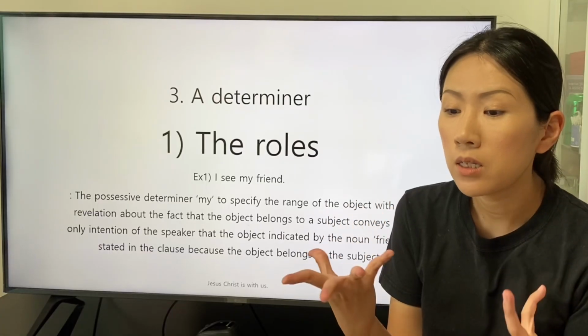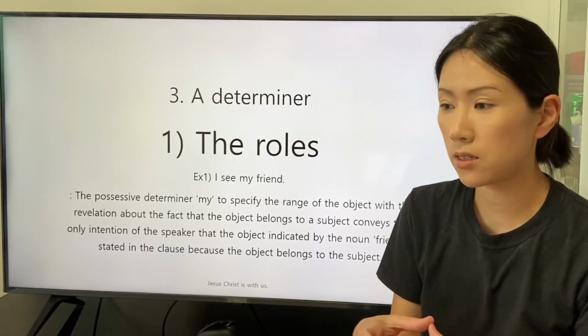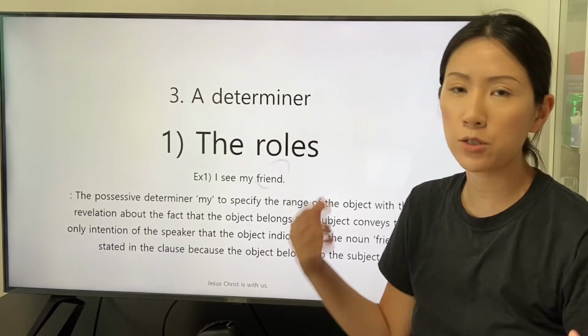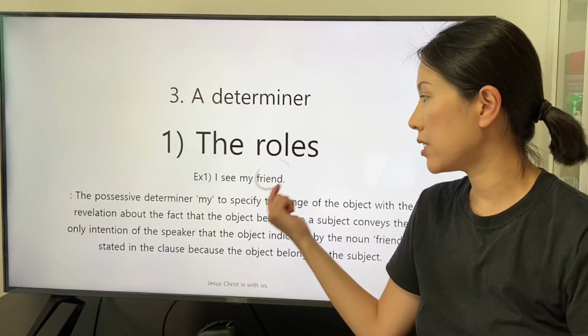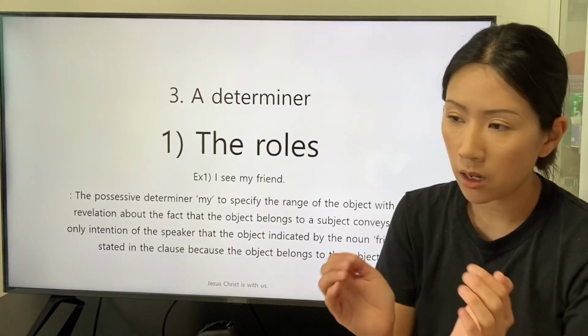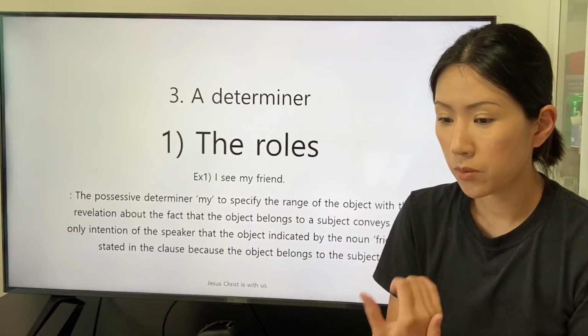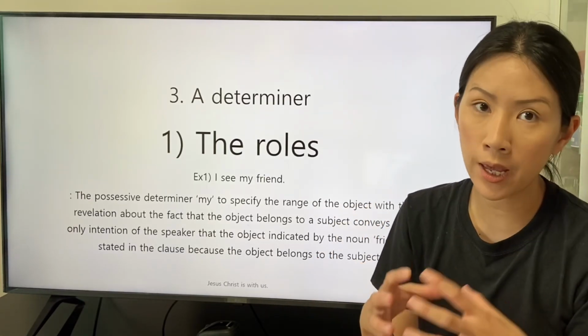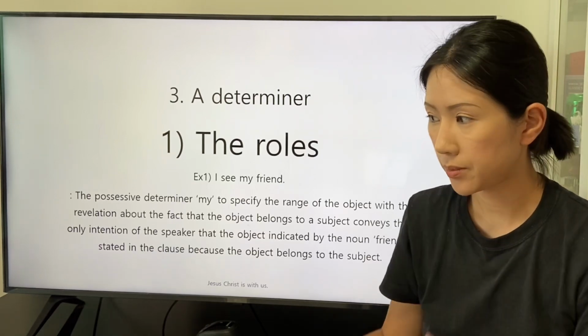The listeners can understand that the speaker focuses on the aspect of the object indicated by the general noun friend included in the affectionate area of the speaker.